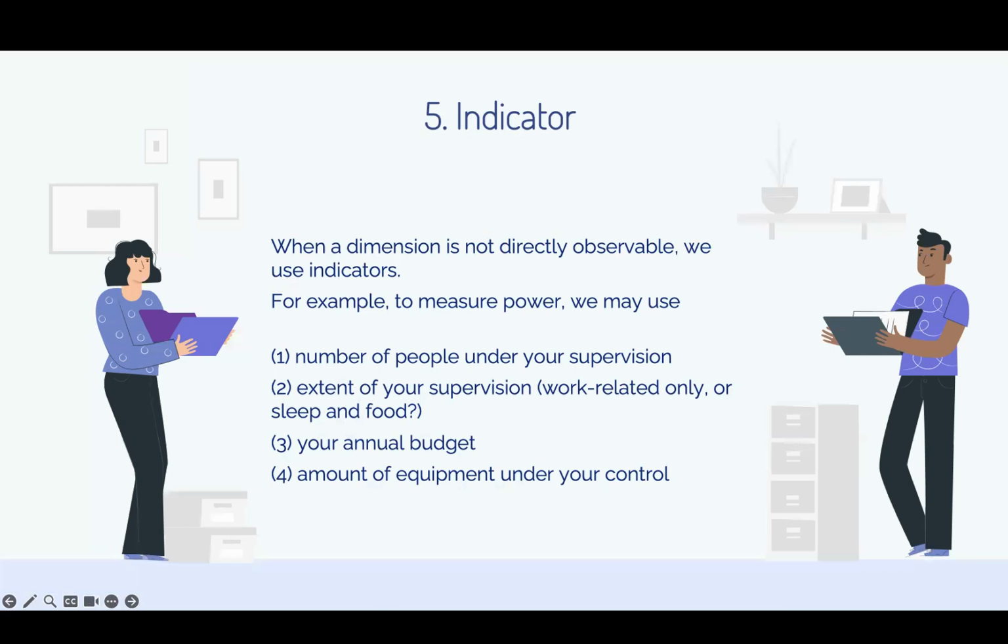So each indicator provides a concrete measure of an aspect of the power dimension, enabling researchers to gather data, analyze relationships, and draw conclusions about the impact of power dynamics within an organization. As we move forward, it's crucial to select indicators that are not only relevant and representative of the dimension in question, but also reliable and valid measures to ensure the integrity of our research findings.